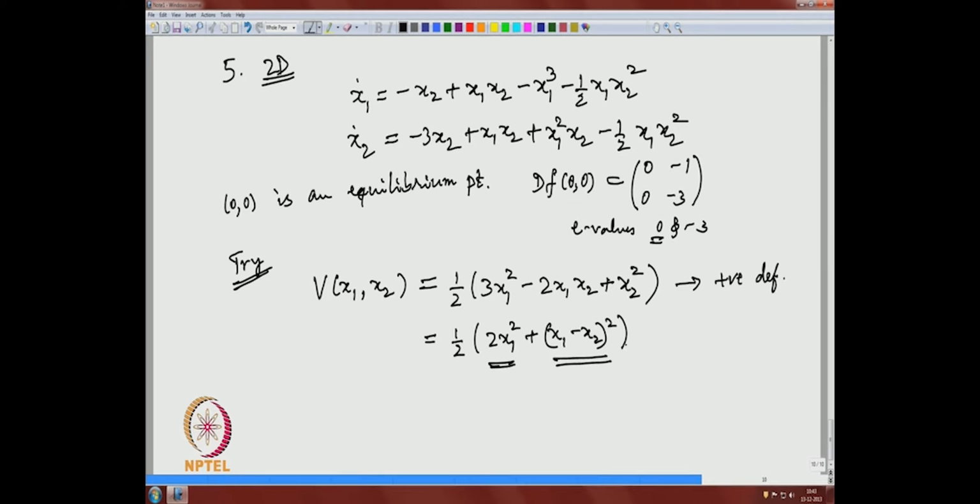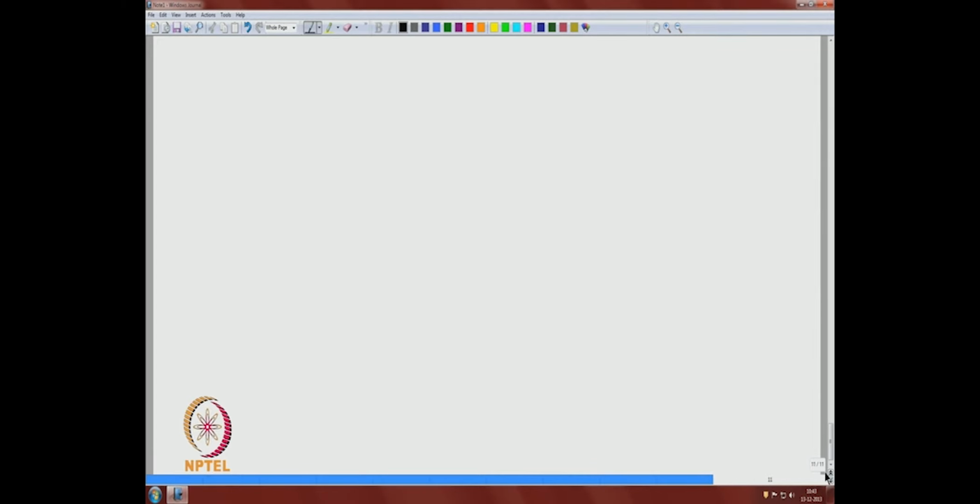So, for (x1, x2) not equal to 0, V is always positive. Okay. So, either you can use Sylvester's criterion or this simple computation to see that it is positive definite. Fine. That is the first job we have done, and now we have to compute V dot.